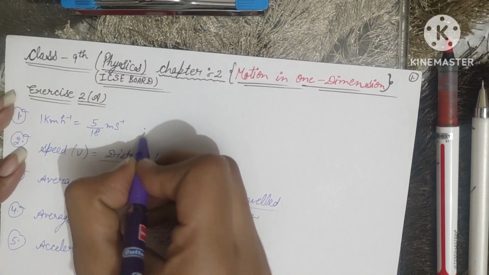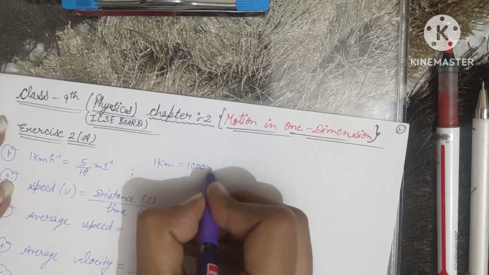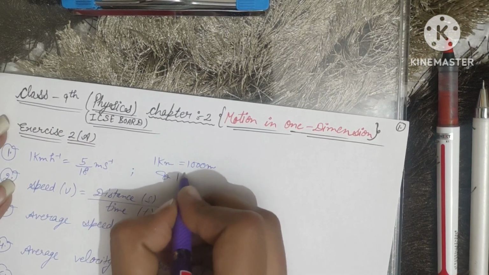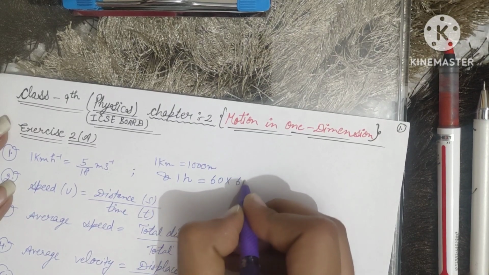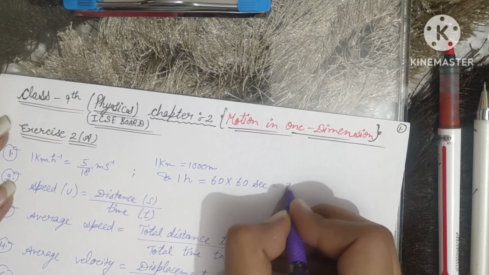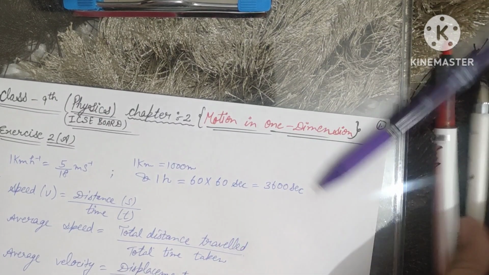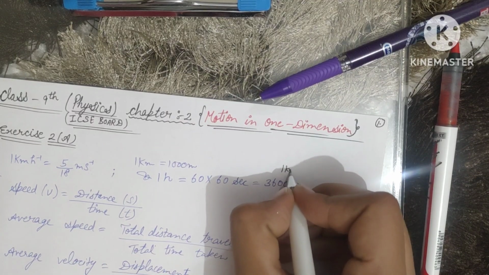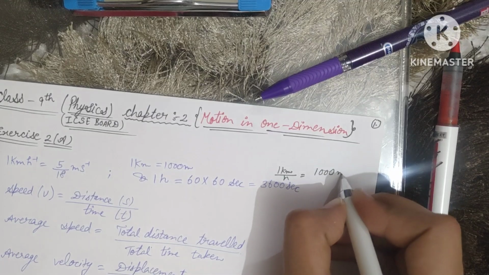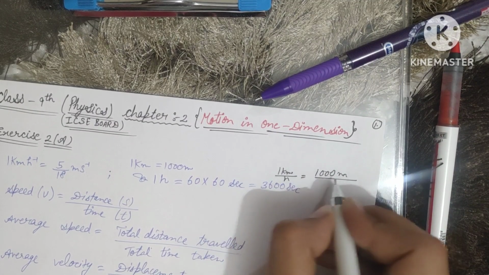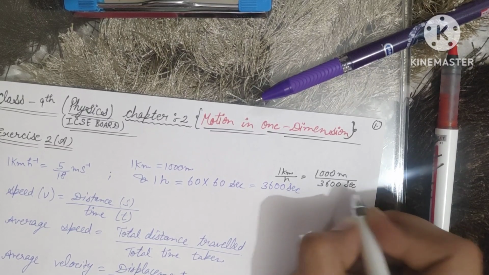Let's discuss once. As we know, 1 kilometer is equal to 1000 meters, and 1 hour is equal to 60 minutes, and 1 minute equals 60 seconds. So if we want to convert 1 kilometer per hour into meter per second, we need to multiply the kilometer with 1000 and divide by 3600 for the seconds.